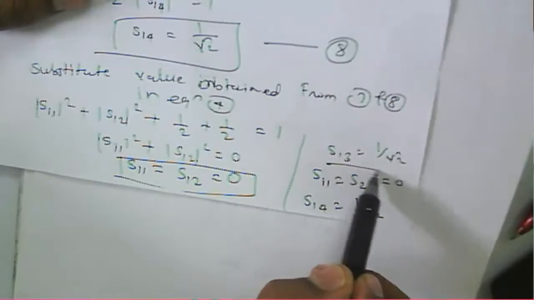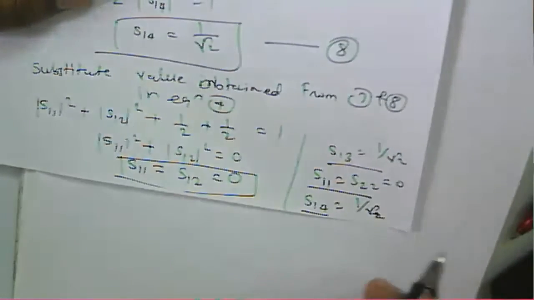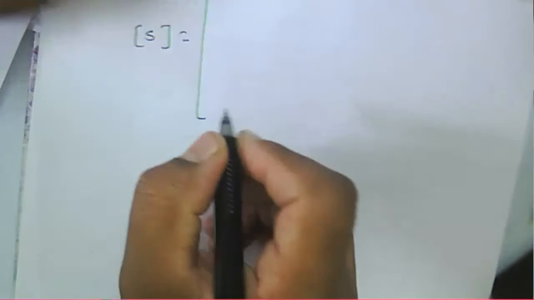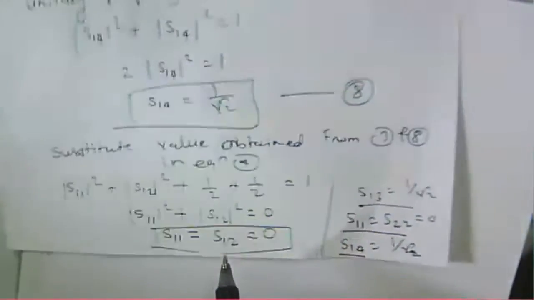This is equation 7, equation 8, and this one is equation 6. So if you put all these values in the S matrix, the magic T, what does it become? Here S11 is equal to 0.